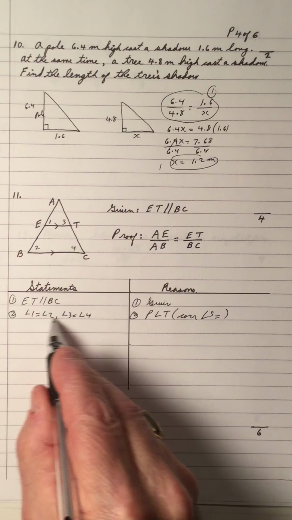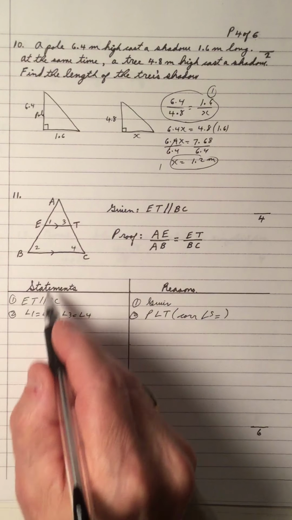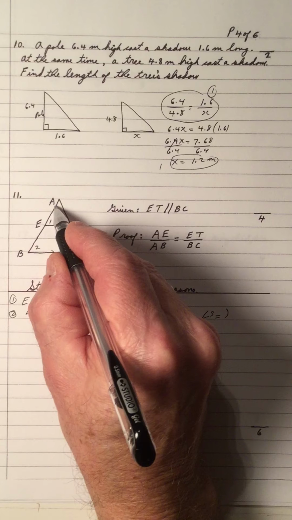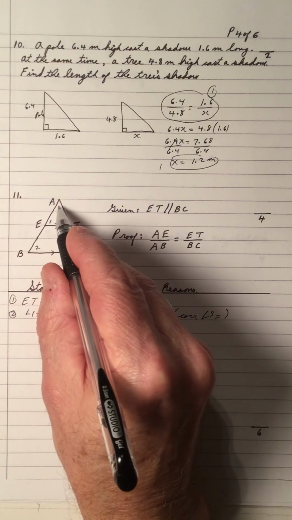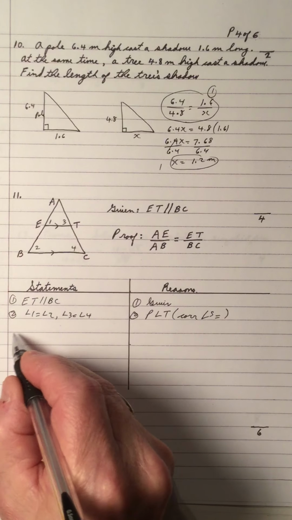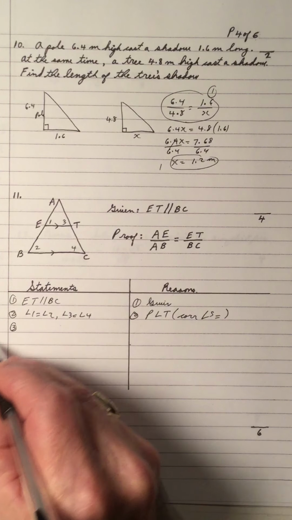I could have also said, instead of 2 of these, I could have just picked one pair and said angle A equals angle A. Angle A is in both triangles. So I could have said A is equal to A common angle if I wanted to. But I need 2 angles.